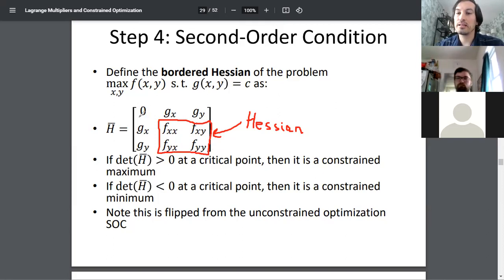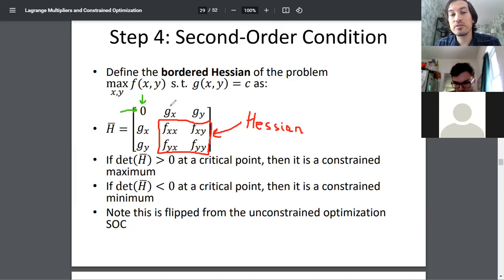It's like automatically the row 1, column 1 entry is just going to be a 0. That's sort of just by definition. You might ask, why is it a 0? There's a deep answer to that, I'm sure, but it's sort of irrelevant. It's just by definition, that's how this H bar is constructed.